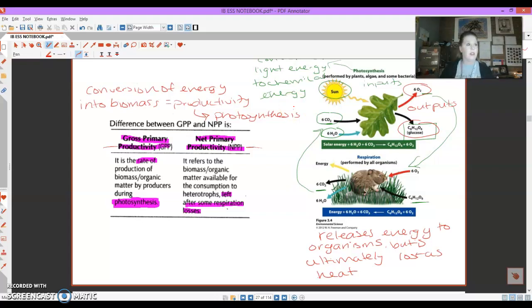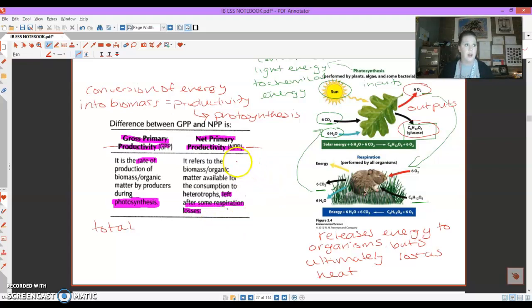The way that we look at this is, think about your paycheck. If you have a job, when you get your paycheck, do you get all of that money? No, you don't. You lose some of it to taxes. So we can kind of look at this in the same lens. So the gross primary productivity is the total. That is what you could potentially get if they were not taking out taxes. So that is all of the energy within an ecosystem.